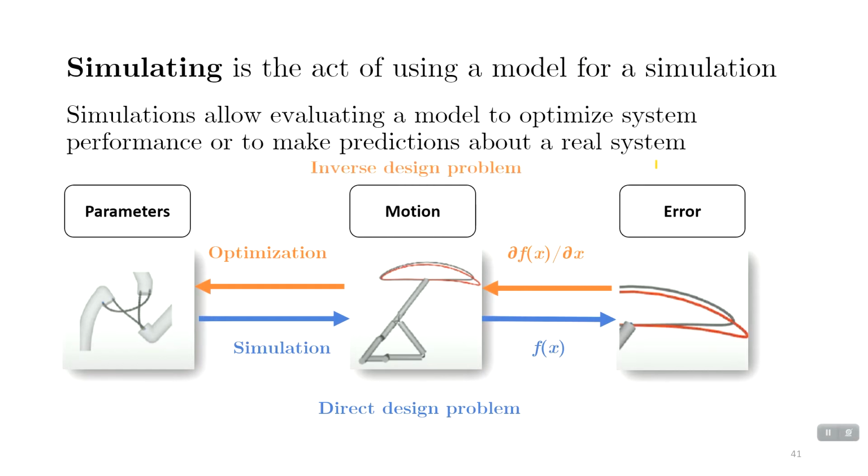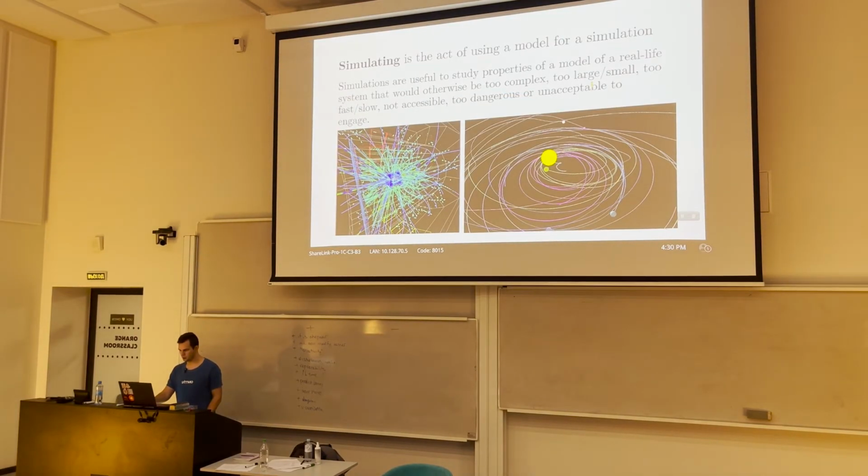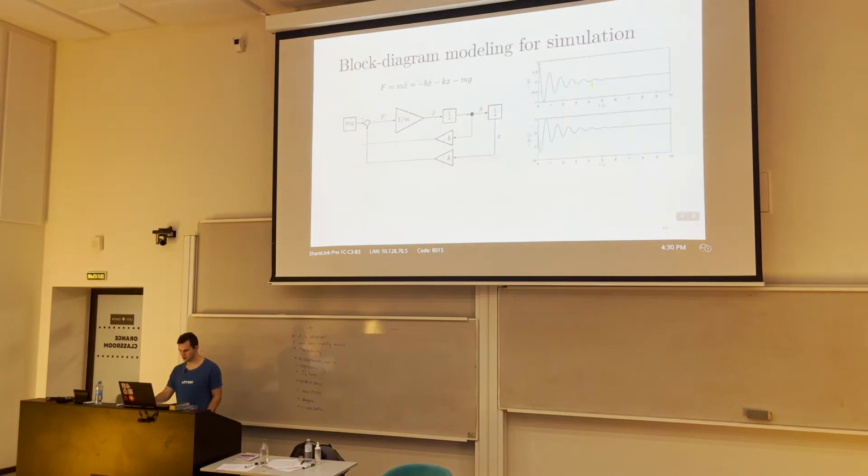So the blue one, when we do simulation and take a look at the error, is called the direct design problem or direct design task. And the orange one is called the inverse design problem, when we use optimization techniques in order to tune parameters. So this we already discussed, so I'll just skip it.